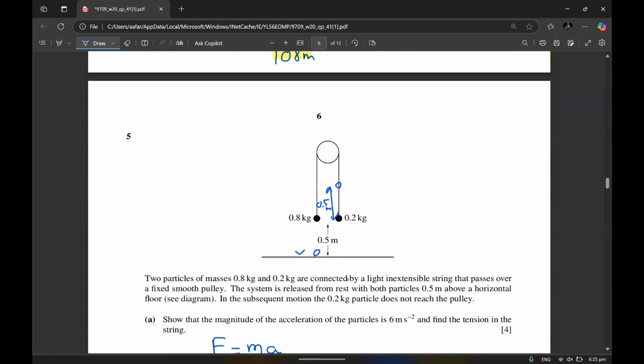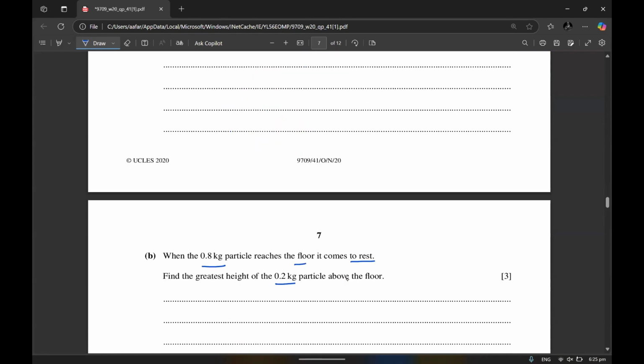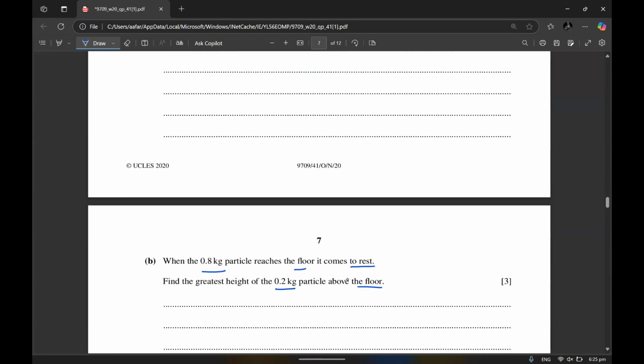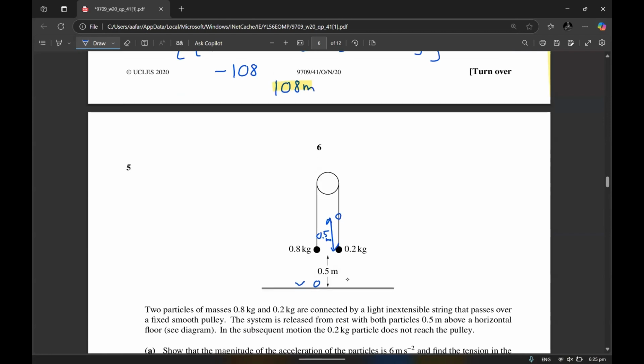So we just calculate the final velocity of the 0.8 kg particle. Then we consider this as the initial velocity of the other particle. Then we use it to find the maximum height it reaches after the 0.8 kg reaches the ground. Then you just add that maximum height to this 0.5 and this 0.5.